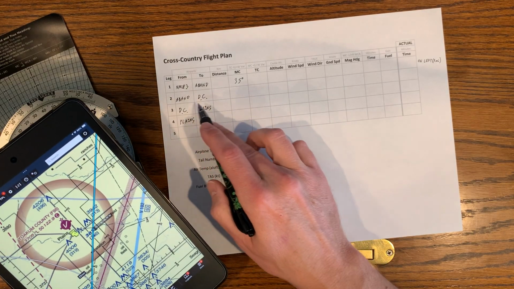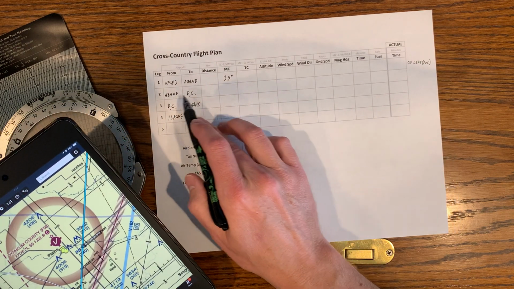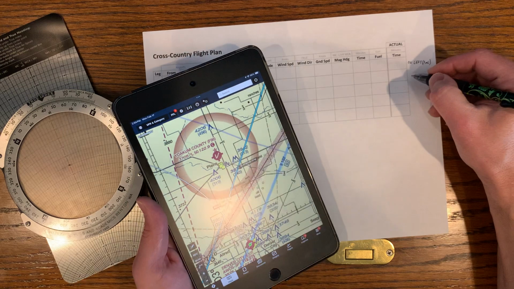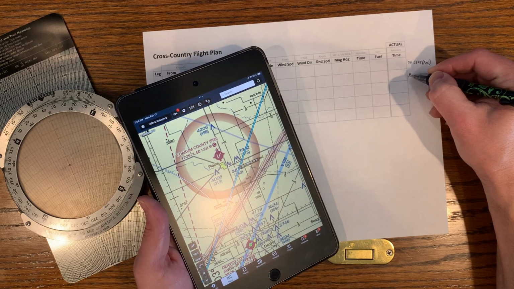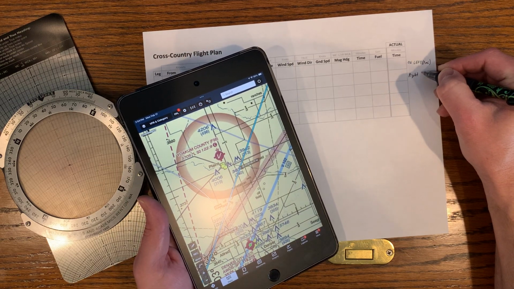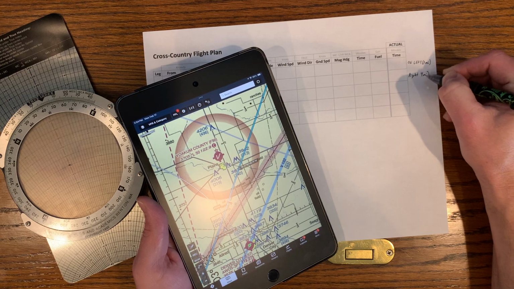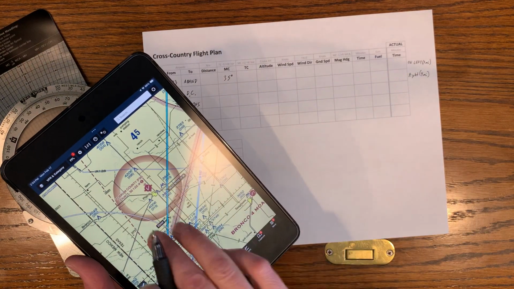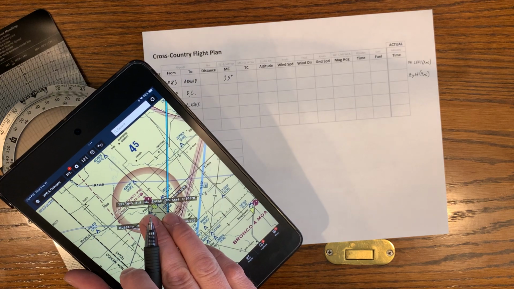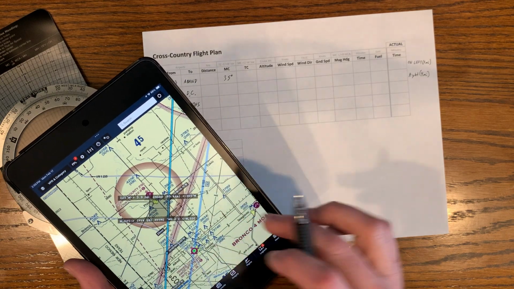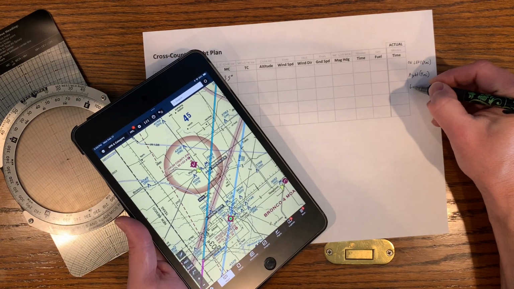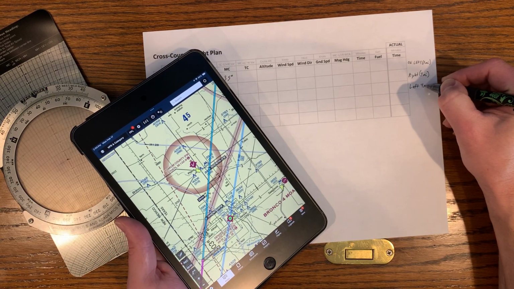Okay, now for the second leg, abandoned to Denver City. When we get to Denver City, where's it going to be? It's going to be right 4 miles. Okay, Plains is going to be left, even less, about 4 miles.